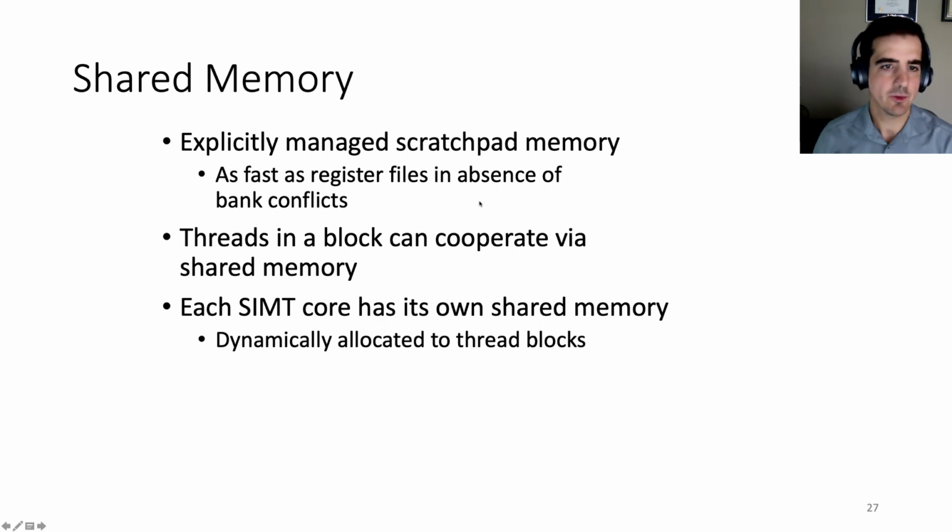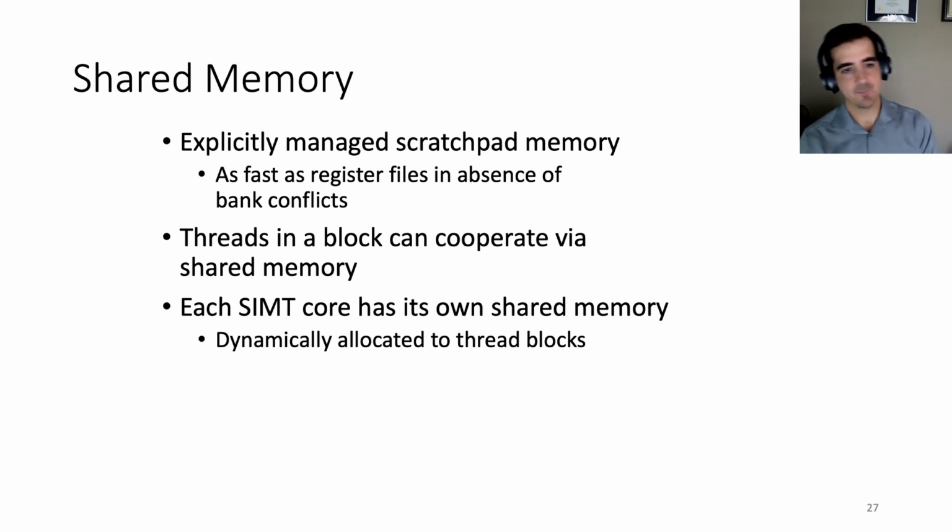So the shared memory unit is modeled in the simulator, as I mentioned earlier. This is the scratchpad. You guys use this in your programming assignment, hopefully. It is modeled to be a single cycle read, so essentially as fast as a register file if you don't have any bank conflicts in the shared memory. And those bank conflicts are modeled inside the simulator.